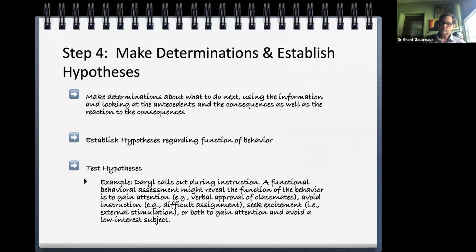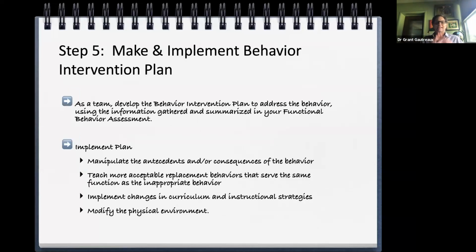That's critical because we may have to have two interventions that play off of both of these sources of reinforcement. Then we take that information, put it all together, and that drives the behavior intervention plan.